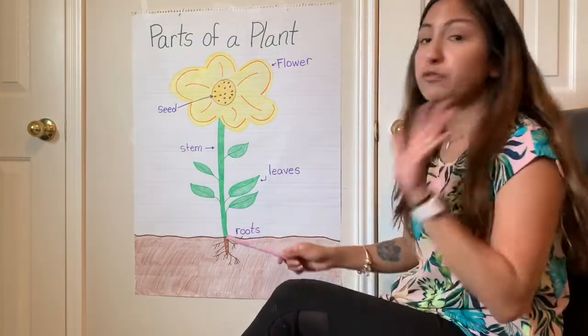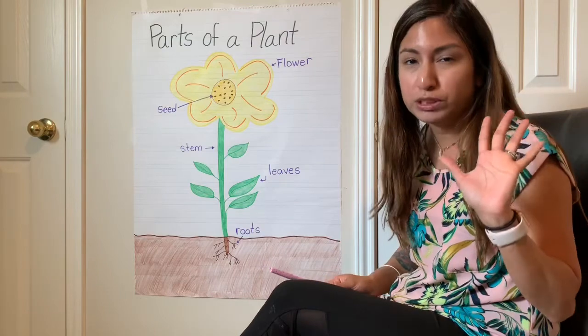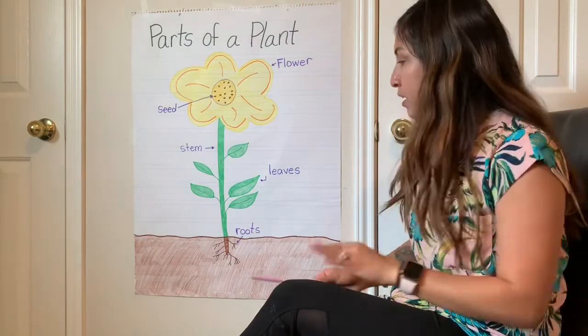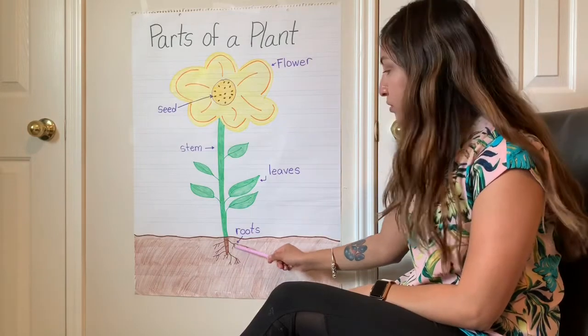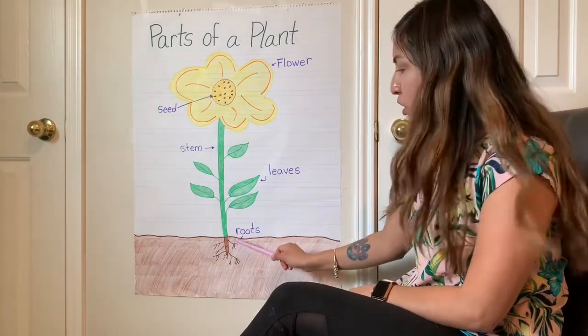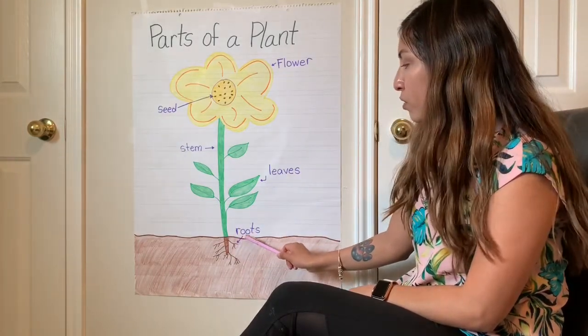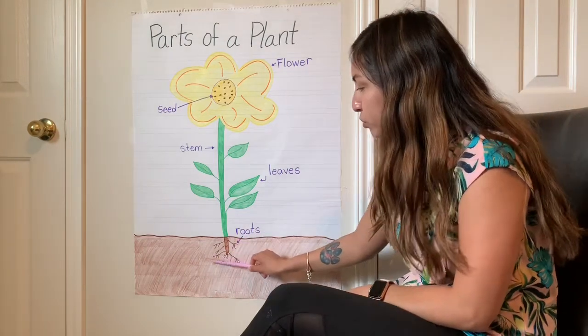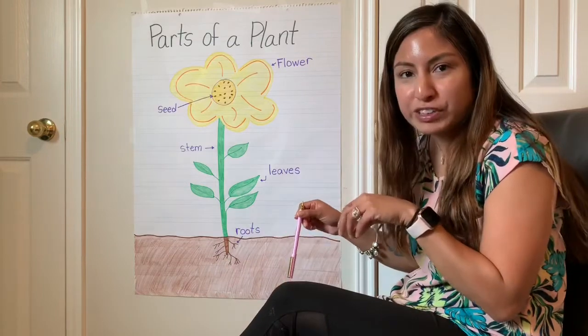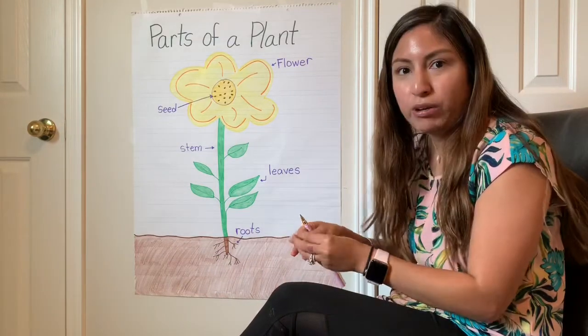Okay, and there are just 5 parts that I want you to really remember, to really learn. And we'll start from the bottom. The first one is the roots. Okay, let's spell it out. R-O-O-T-S, roots. And the roots are like the little hairs that are at the bottom in the ground.